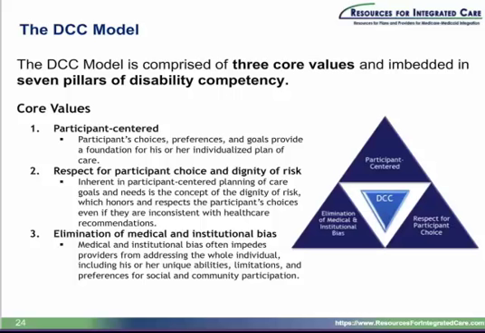We have provided some webinars in the past on this subject, which you can find at the RIC website. Thirdly, elimination of medical and institutional bias is also a hard concept.